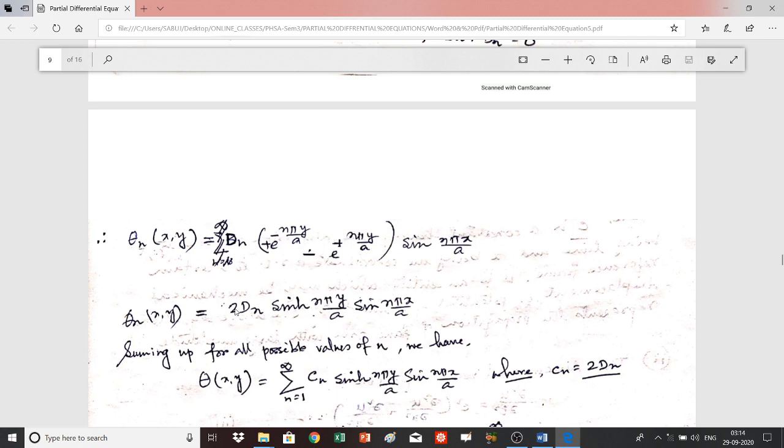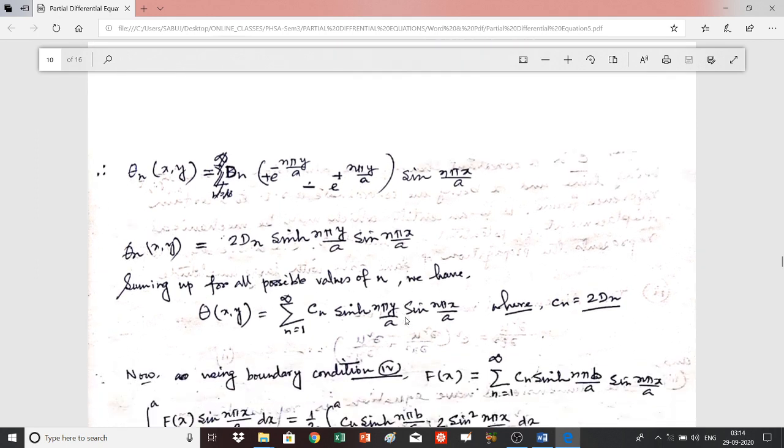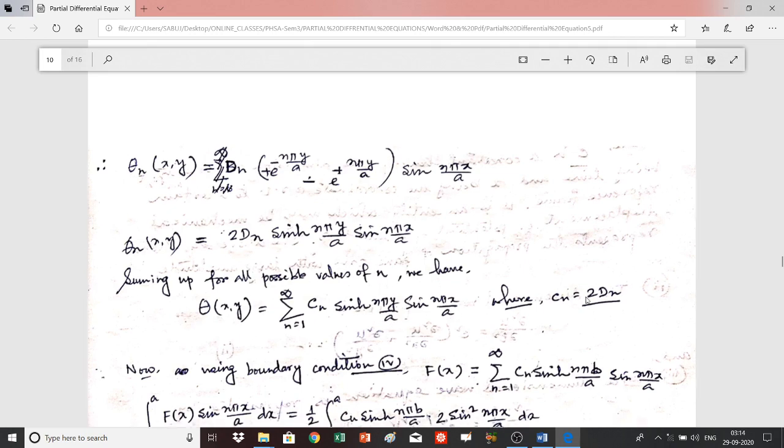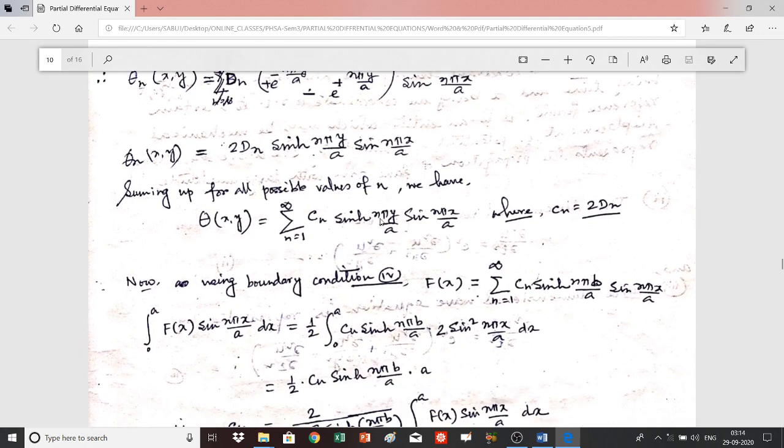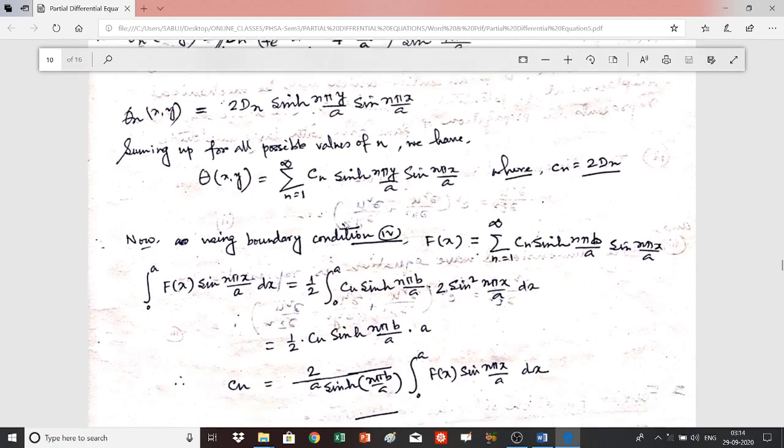After simplification I have 2Dn sin hyperbolic n pi y by a sin n pi x by a. If you take all possible values of n, write 2Dn equal to Cn. Then this expression gives theta xy equal to the sum from n equal to 1 to infinity of Cn sin hyperbolic n pi y by a sin n pi x by a, where Cn is equal to 2Dn.